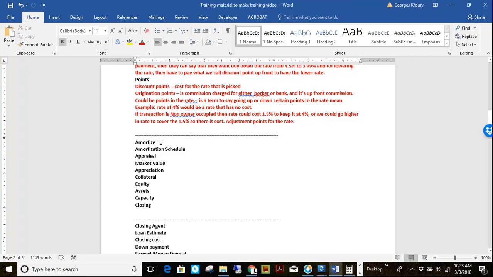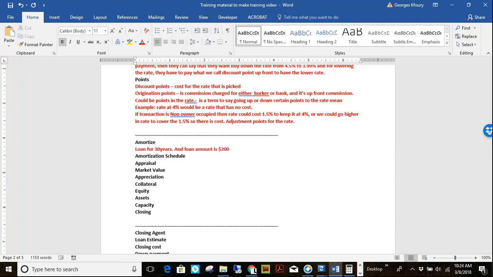Here is the second volume of the mortgage terms, and we start with the first one, which is amortize. What's amortize? Let's say someone gets a loan for 30 years, and the loan amount is $200,000.